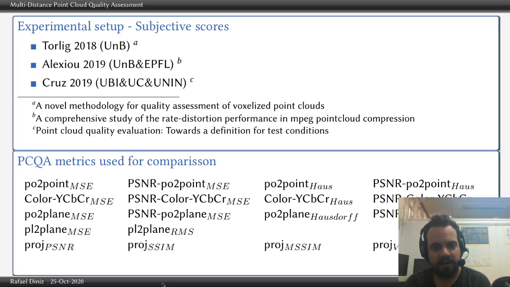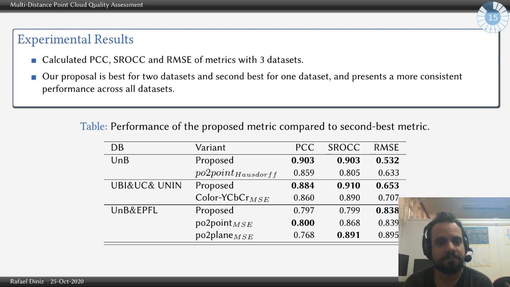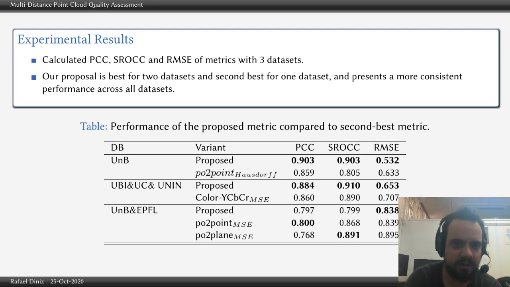And we compared with the standard point cloud metrics, plus the plane-to-plane metric, plus some projective, image projection based metrics, and we used three statistical tools: the Pearson correlation, the Spearman rank order correlation, and RMSE, to evaluate the performance of our metrics.